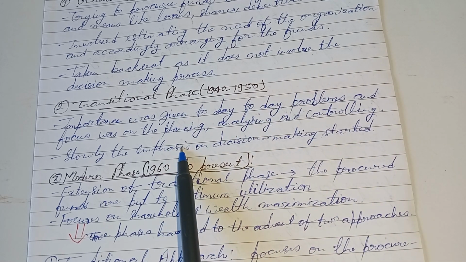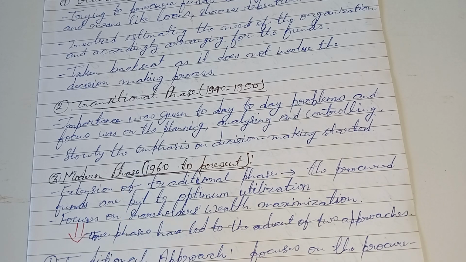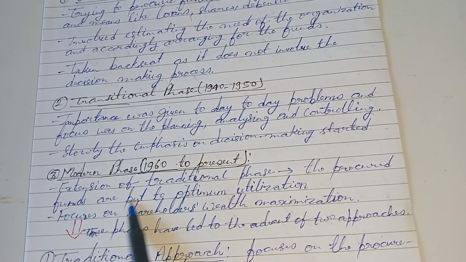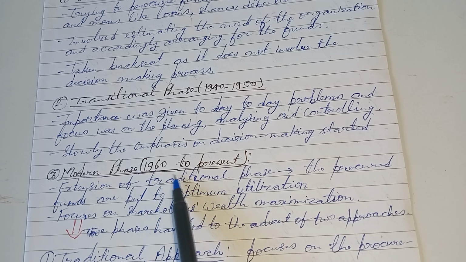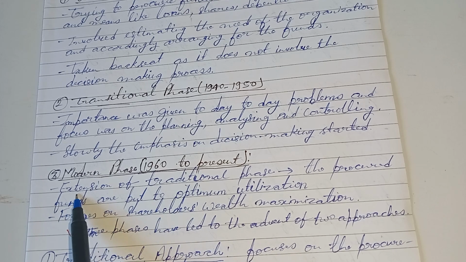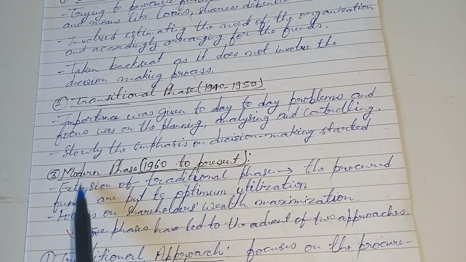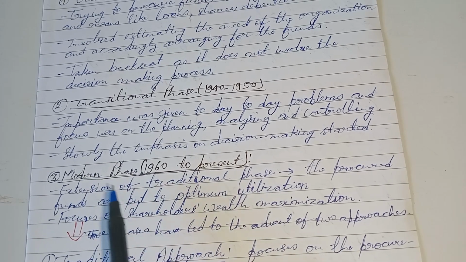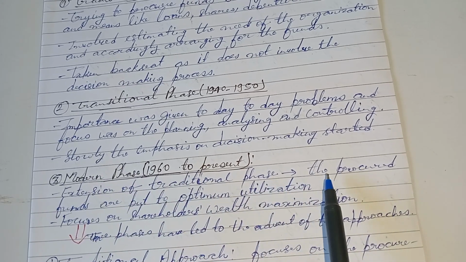After this transitional phase, the next phase that emerged is the modern phase, which started from 1960 and continues till present. It is an extension of the transitional phase.